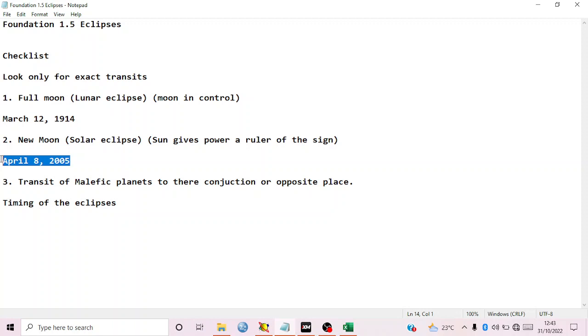And then the last part is the timing for these. So these dates that we've given, on those particular dates, we just expect that the new moon or full moon effect should only happen on that particular day when the new moon or full moon happen.